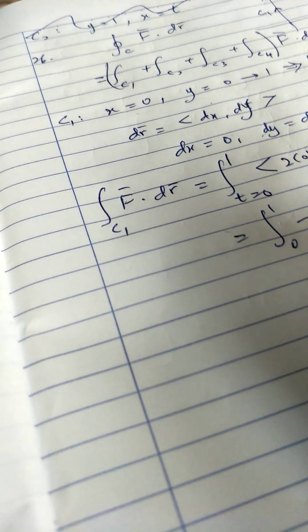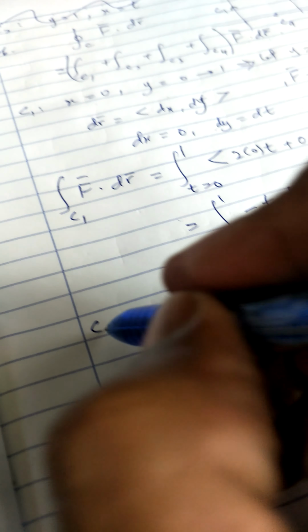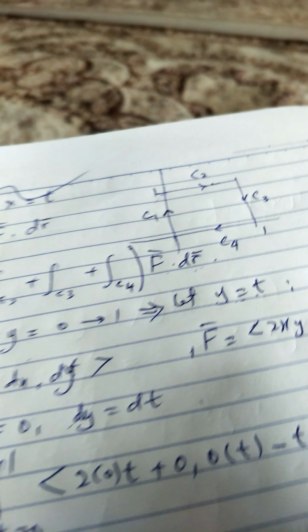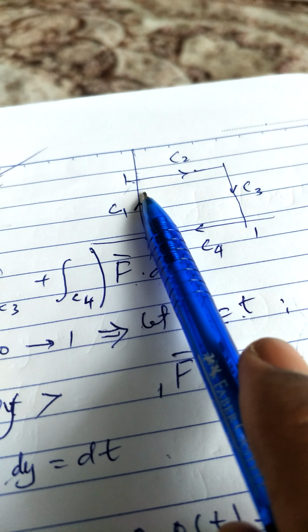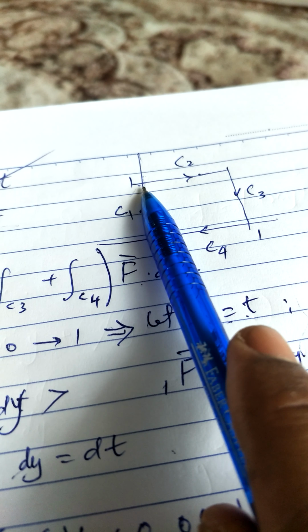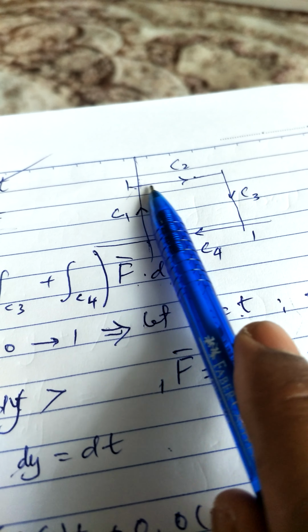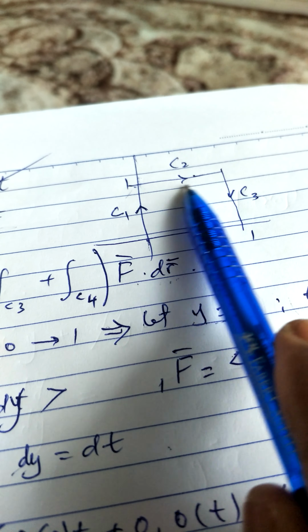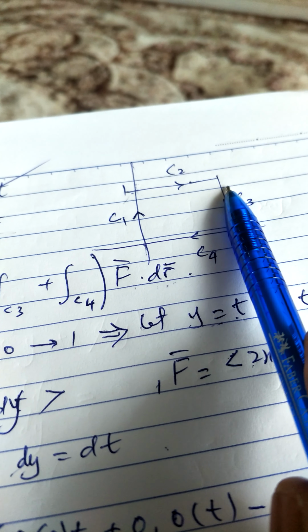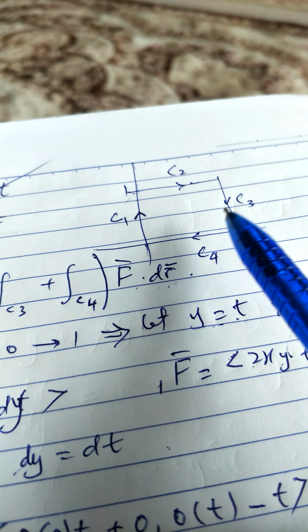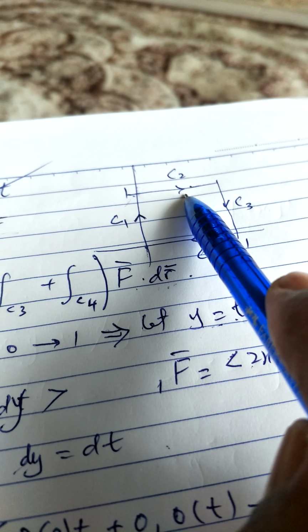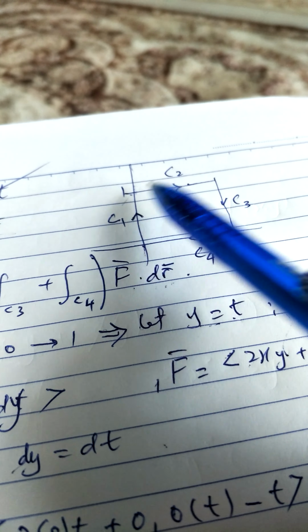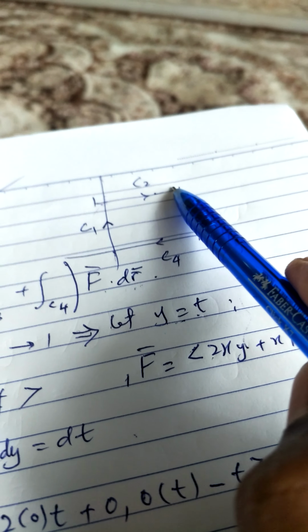Okay, done for C1. Now for C2, look at C2. On C2, y equals 1 is a constant, but x varies from 0 to 1. So in this case, we don't take y equal to t, but we take x equal to t, because x is the moving point.